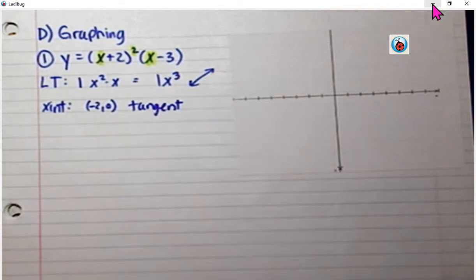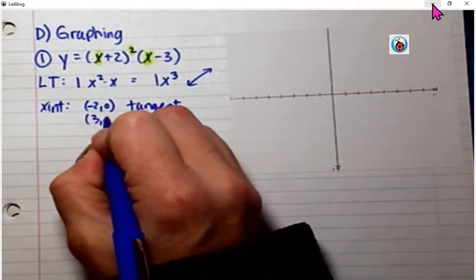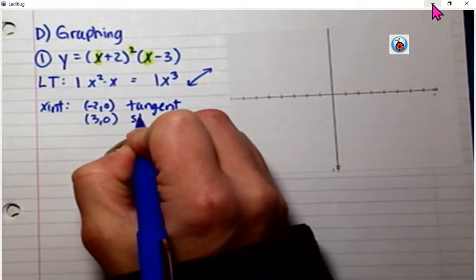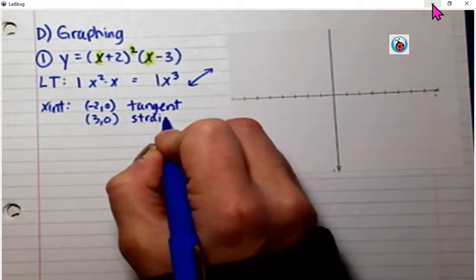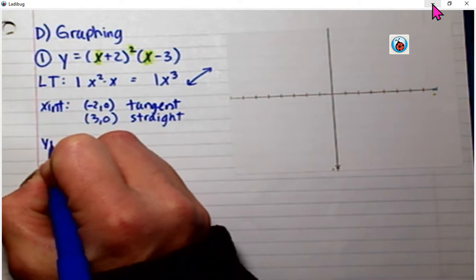That describes the multiplicity. Then 3, 0, straight or linear. You can start abbreviating: T, S, POI for point of inflection.